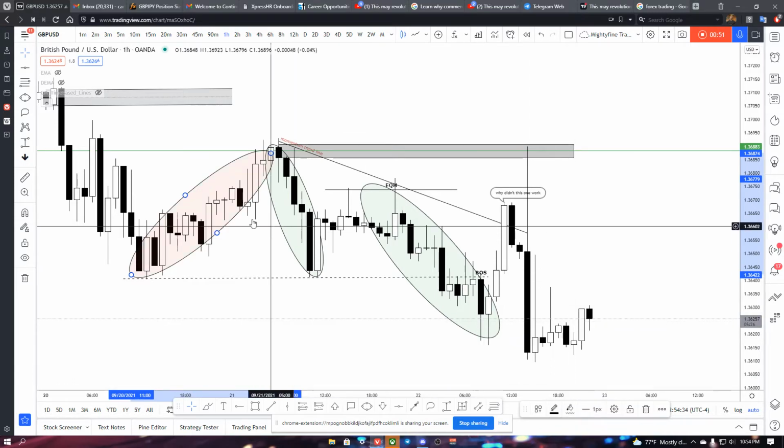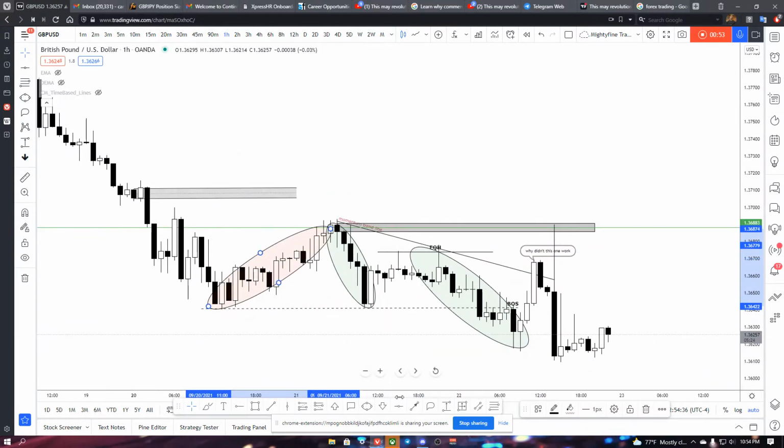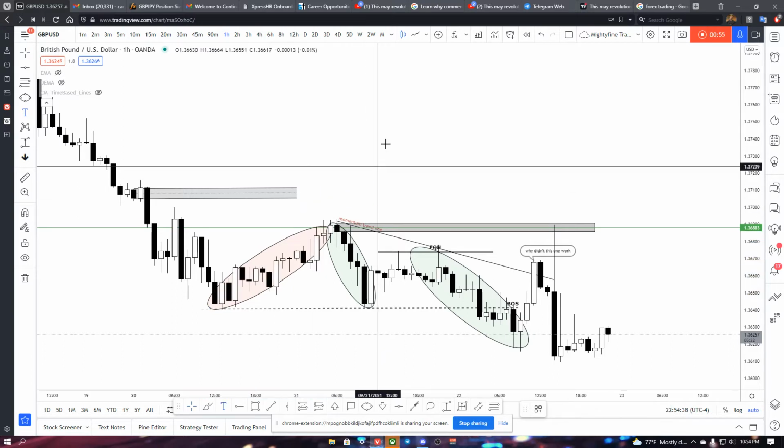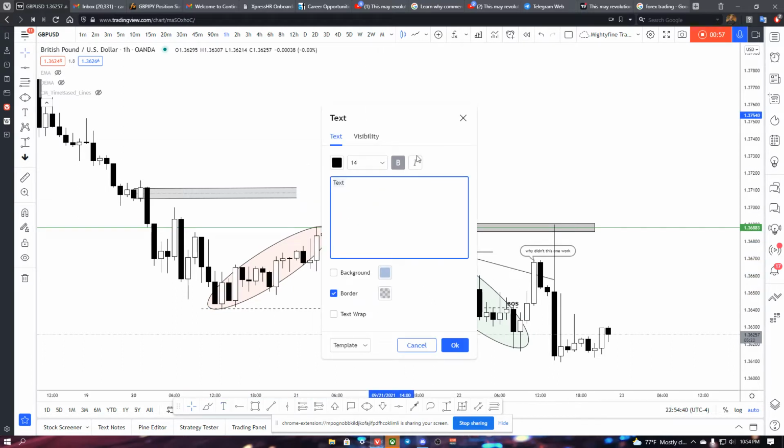The main three things I want to see: is there a trend? Is there corrective movement or price action? Is there a break of structure?